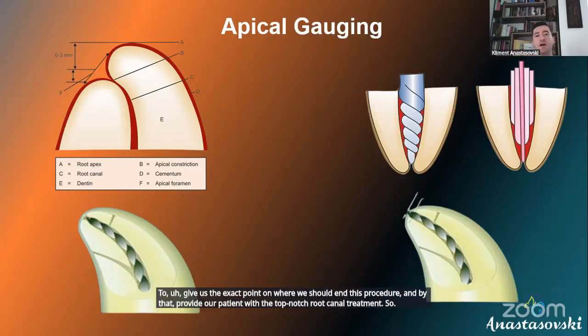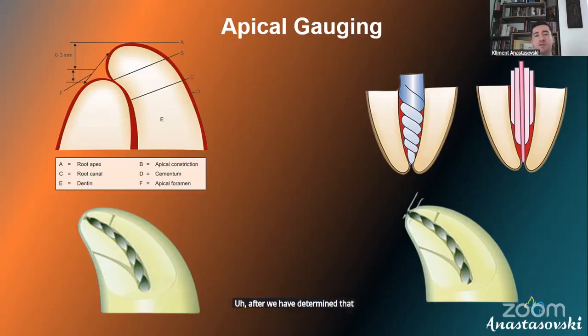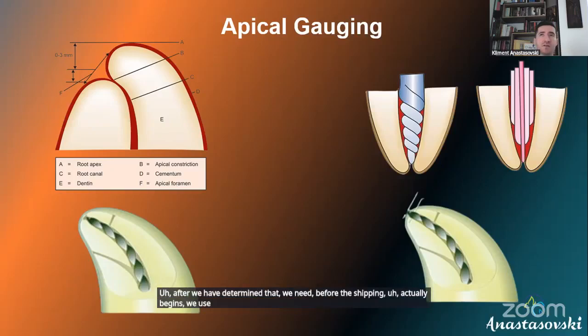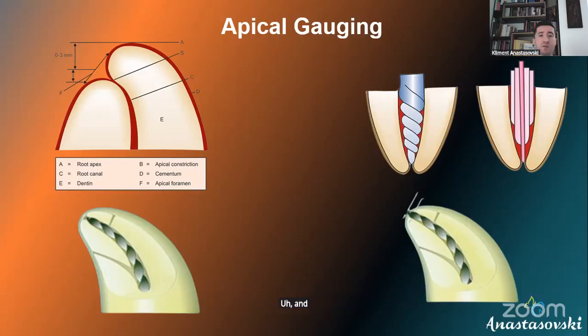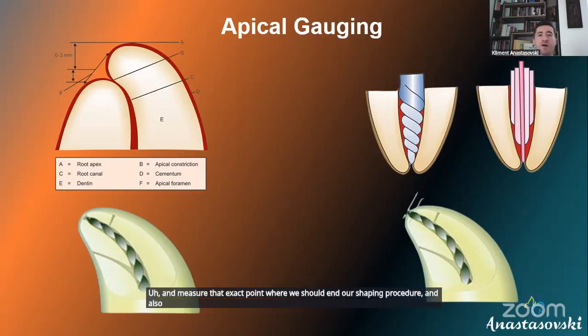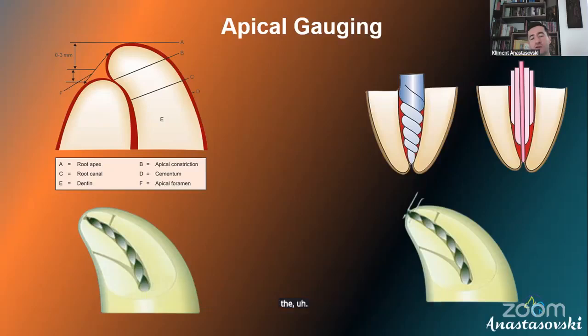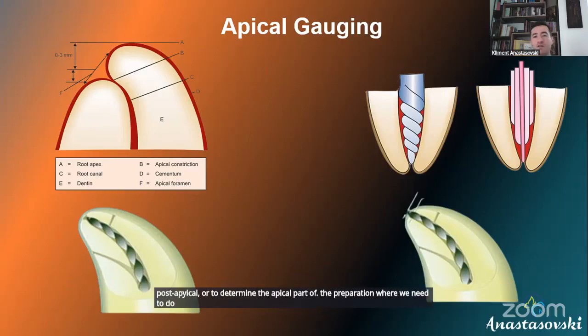So after we have determined that, before the shaping actually begins, we use hand files with the apex locator attached to them, and measure that exact point where we should end our shaping procedure. And also, after finishing the shaping procedure, we use the larger hand files to determine the apical part of the preparation where we need to end the shaping process.